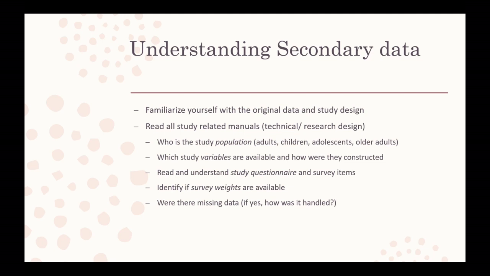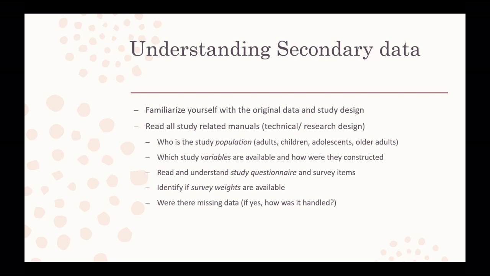And lastly, see if there is any missing data. Is there any missing data, which is very obvious, there will be missing data in a secondary data set, especially with the data being so large. So first you have to identify, is there any, and second, if there is any, how was it handled?